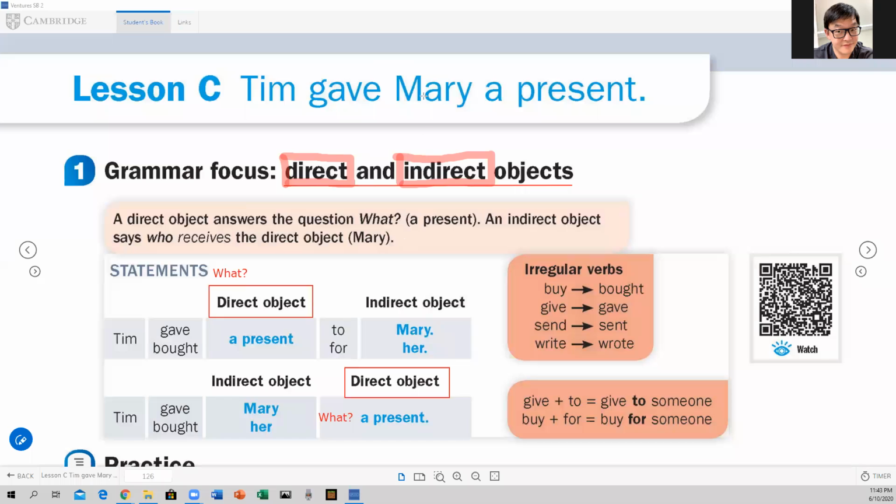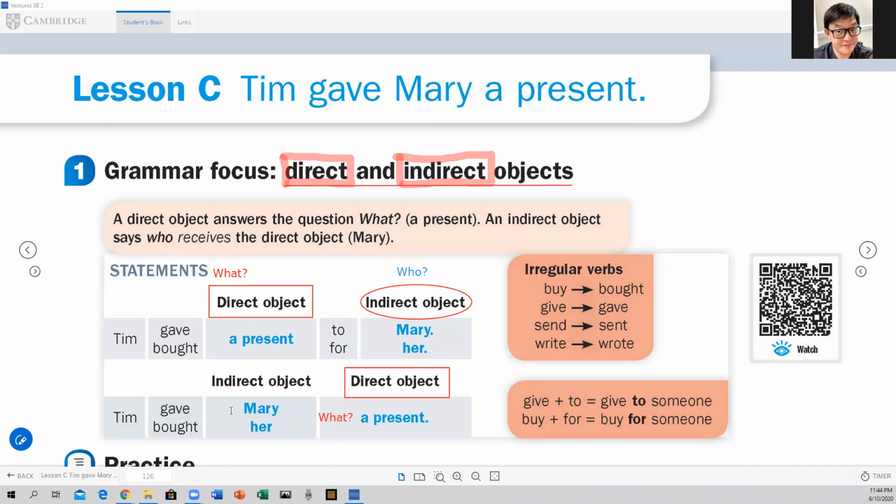Now, indirect object. When we talk about the indirect object, the indirect object answers the question, not what, but who. For example, Tim bought what? To who? To Mary. So Mary is the indirect object. For example, Tim bought Mary.